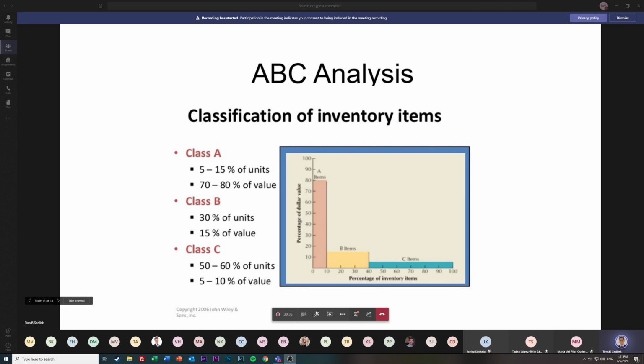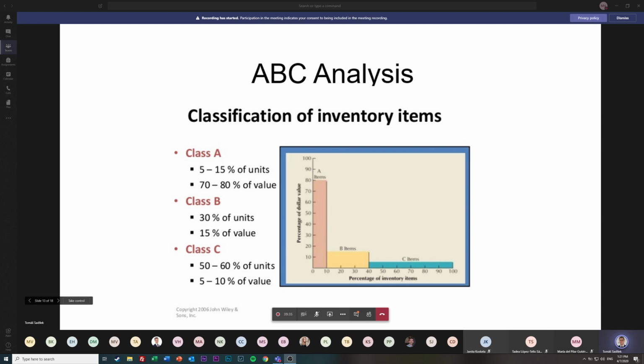So then we decide to divide these units into three segments or 3 classes. The class A is a small number of units that are critical for the production, but they take a high share of value. So typically 5 to 15% of units take 70 to 80% of total value. Those are some raw materials.